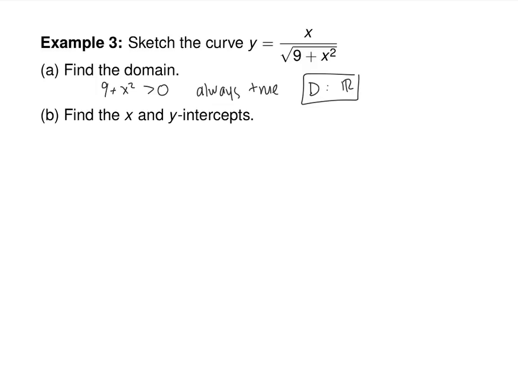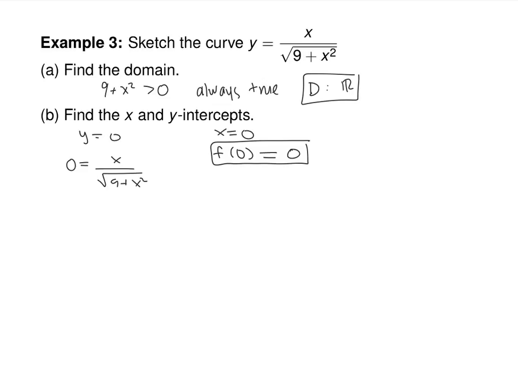Okay, x and y intercepts. So set y to 0, set x to 0. F of 0 is going to give you 0. So once again, we go through the origin. And if you try to solve 0 equals x over root of stuff, you're going to get the exact same answer.